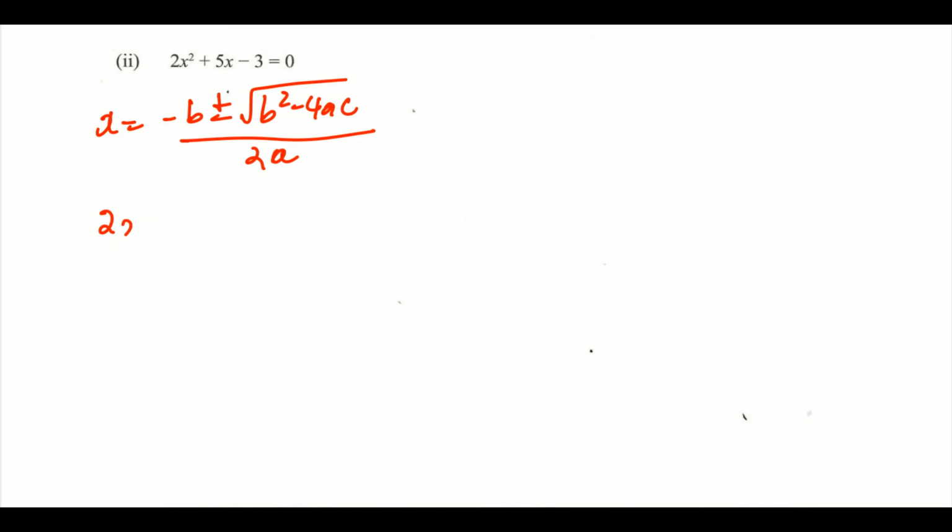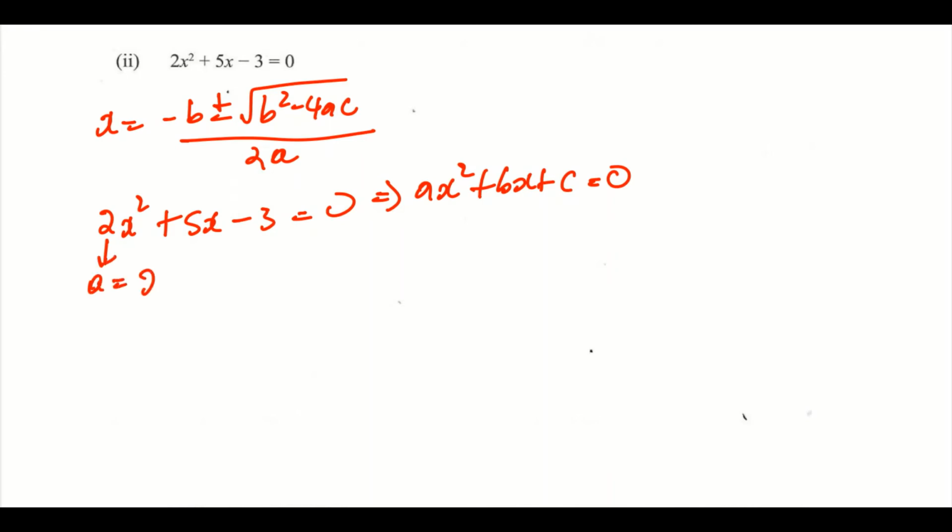So we have 2x squared plus 5x minus 3 is equal to 0. By comparison, when comparing it to ax squared plus bx plus c equals 0, a is equal to 2, b is equal to 5, and c is equal to negative 3.